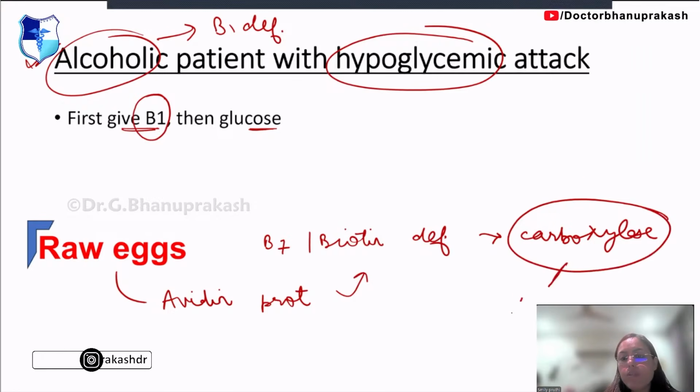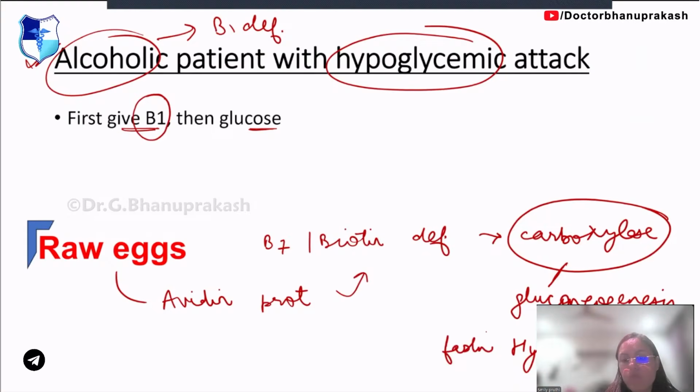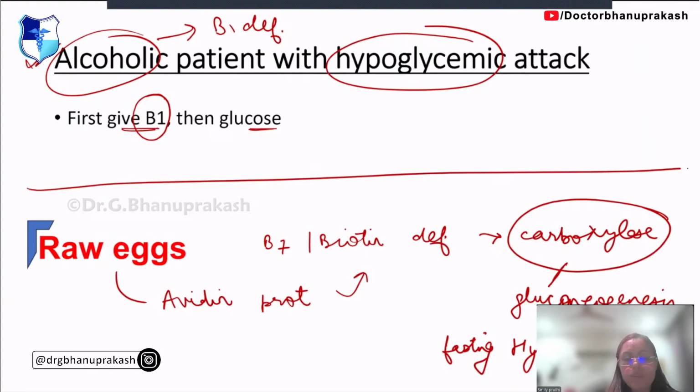One very important pathway which requires a carboxylase, pyruvate carboxylase, is gluconeogenesis. If gluconeogenesis is affected, hypoglycemia will occur. If the patient is not eating food, doing gym, and the gym trainer has prescribed raw eggs, and the patient is eating less, he will have a lot of episodes of fasting. During fasting, this carboxylase enzyme is not working, so gluconeogenesis cannot happen. So the patient will have a hypoglycemic attack, right?